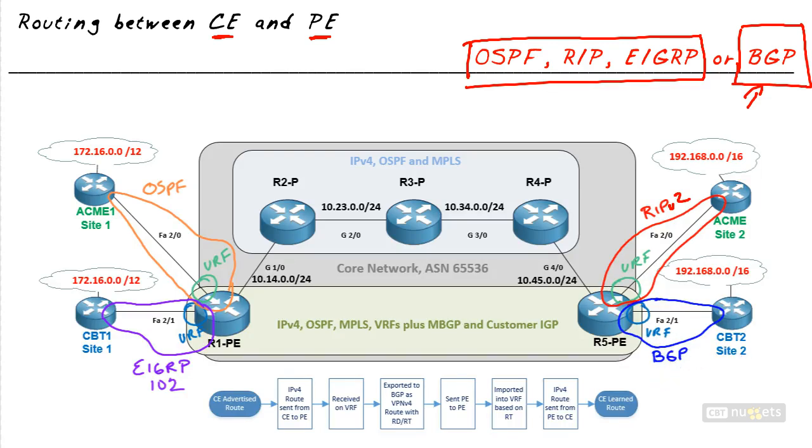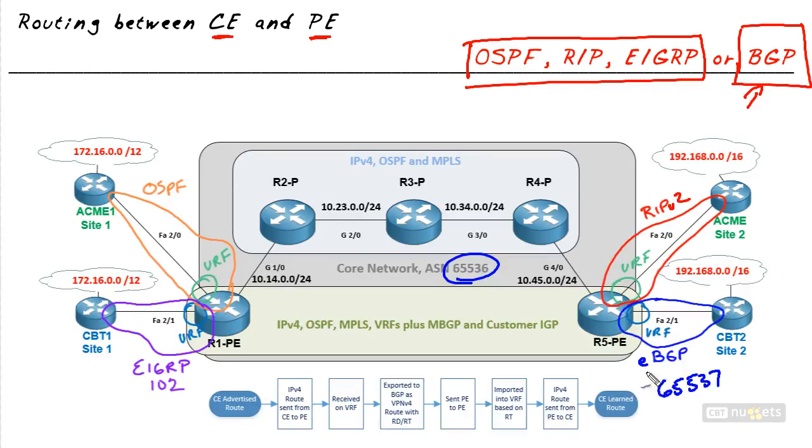In fact, let's use the Autonomous System number of 65,537. Our Autonomous System number is 65,536, and if the router at CBT Site 2 is running BGP with 65,537, and we become neighbors, that will make it an external BGP session between R5 and CBT Site 2.